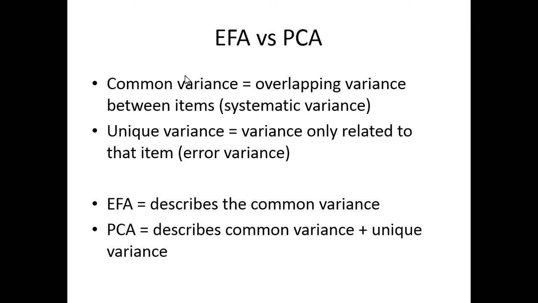So common variance is our systematic variance. It's the overlapping variance between items. If you give people a scale, you don't want random questions. You want them to overlap because you're trying to measure this construct, this latent variable, by asking several different questions.